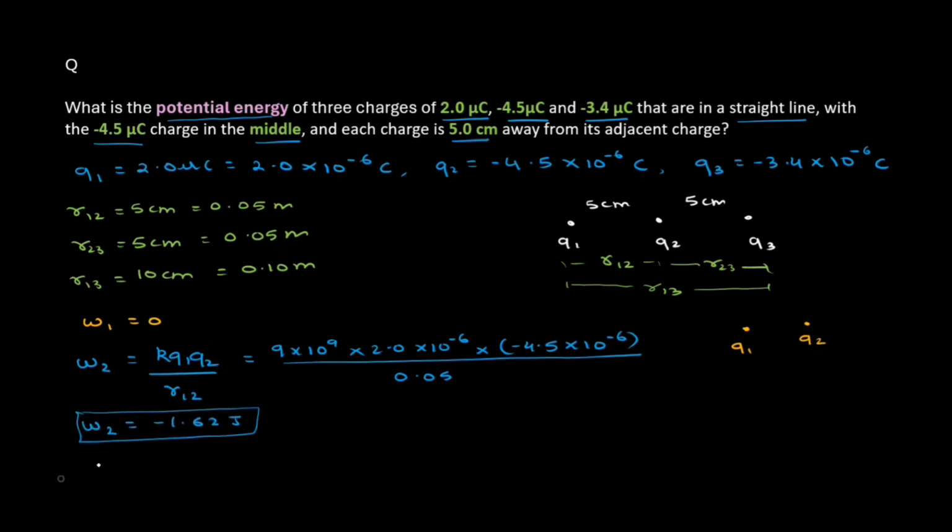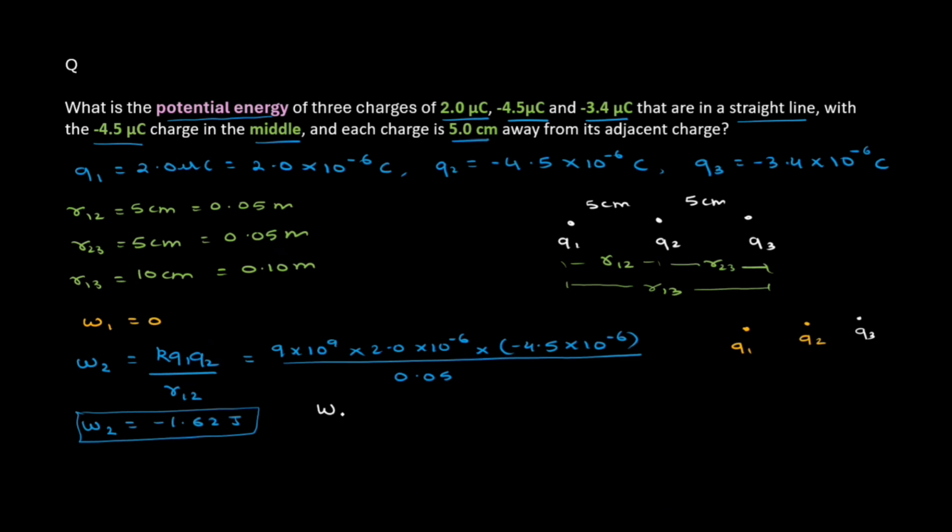Now we do the same thing for charge 3. When you bring charge Q3, Q1 and Q2 are already present here, and Q3 interacts with them. And because of this interaction, we have to do work against Q1 and Q2 to place Q3 in its position.